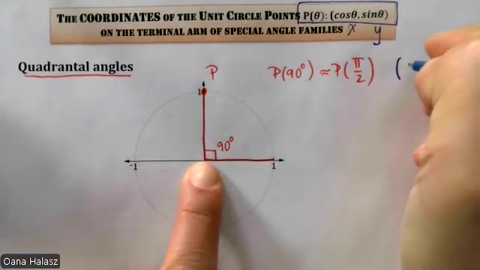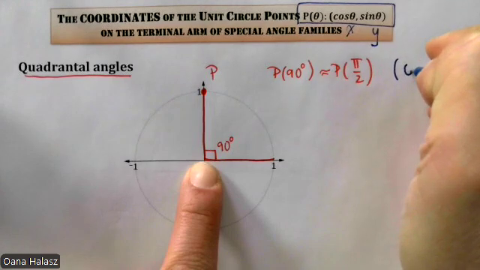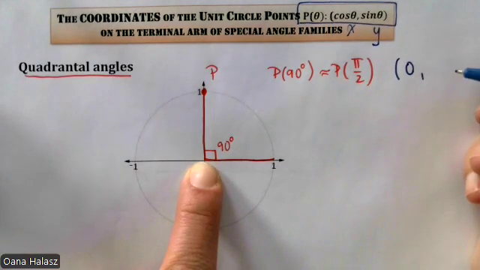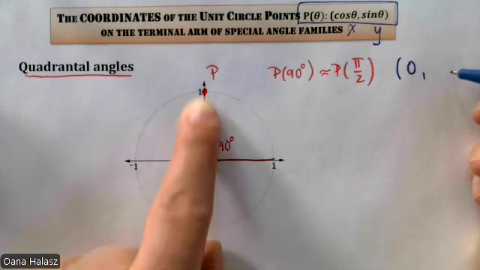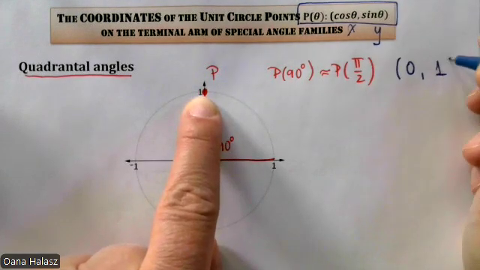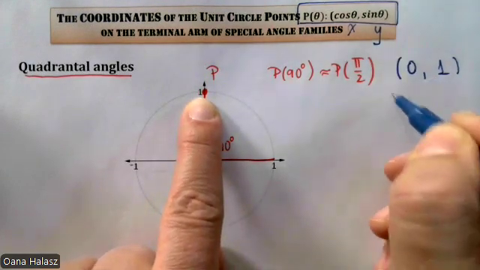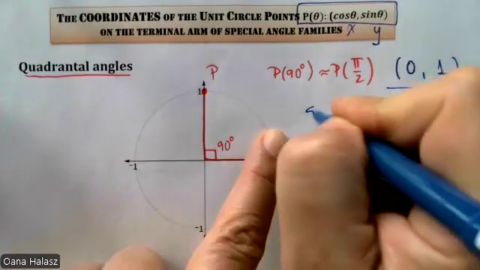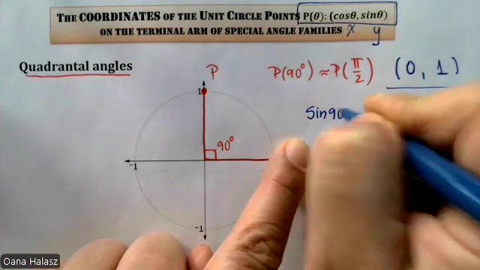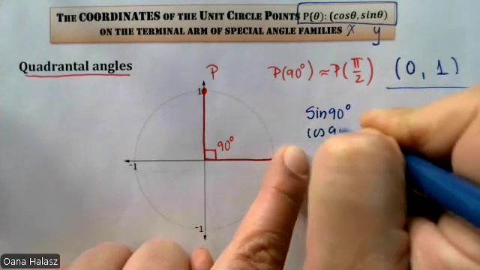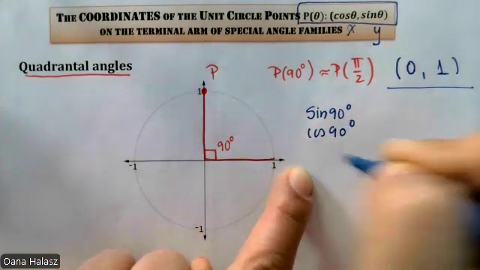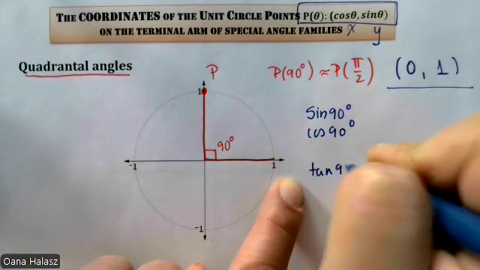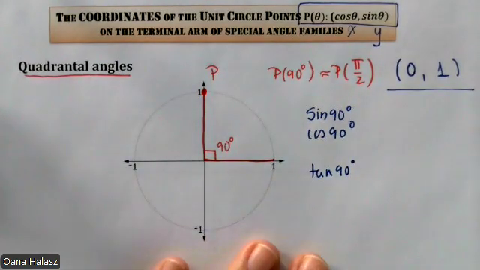X is 0, and the y is 1. Now, by knowing these coordinates, I also know what is sine of 90 degrees, what's cosine of 90 degrees, and I can calculate what's tangent of 90 degrees, okay, in a bit. I can look at the calculation for it, okay?